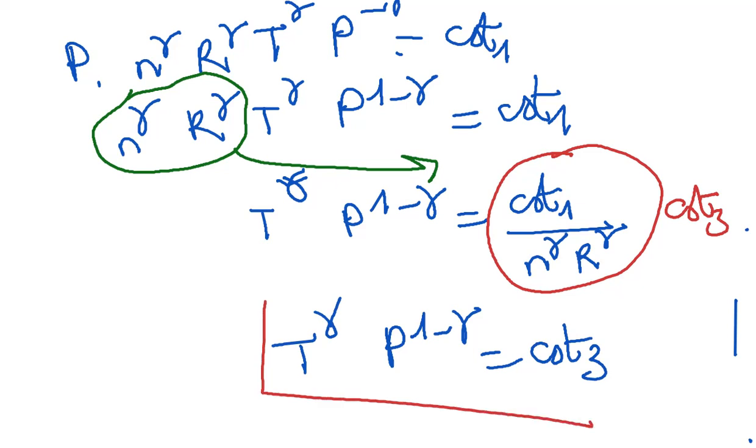That was the demonstration of the two other equations of the Laplace law. The first one is P V power gamma, which is very well known, and the two others are deduced from the first one, but they are also the Laplace law.